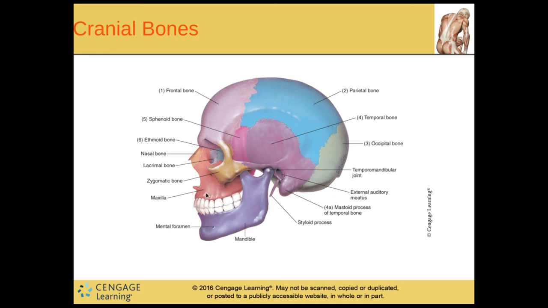This maxilla, which is your top jaw. You have your nasal bone, all kinds of fun bones in your head, right? Kind of make up that whole structure of your skull. And like this mastoid process of the temporal bone, that's this right here. That would be kind of right behind your ear.